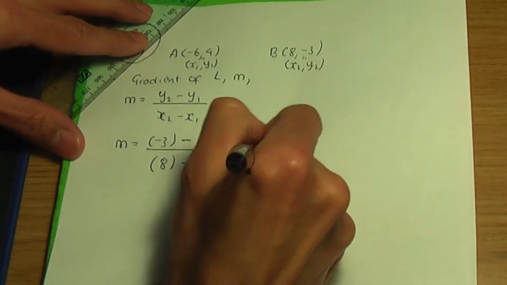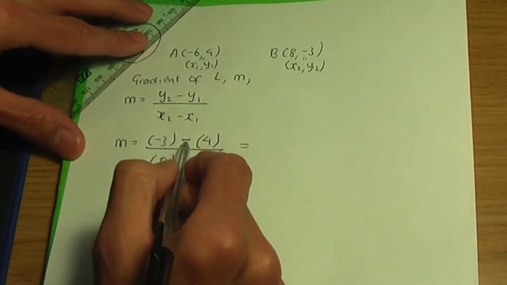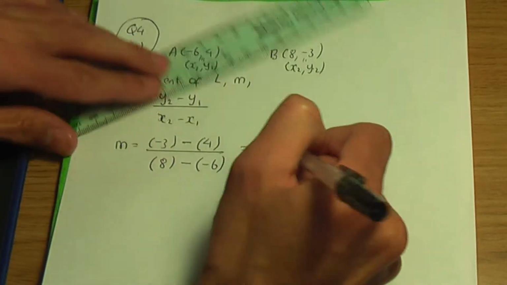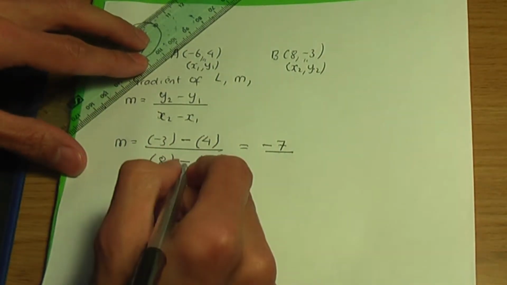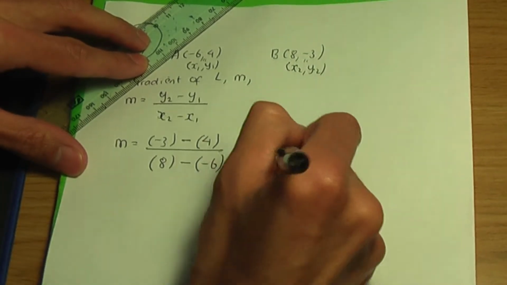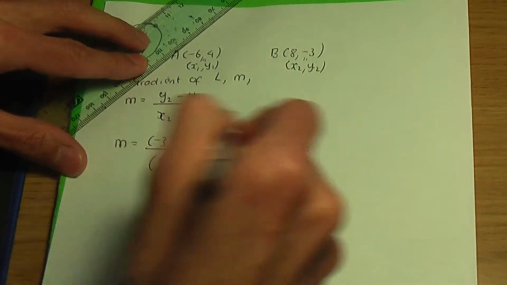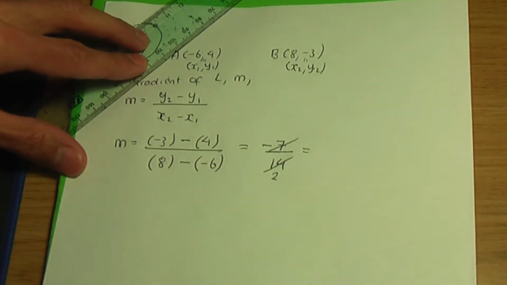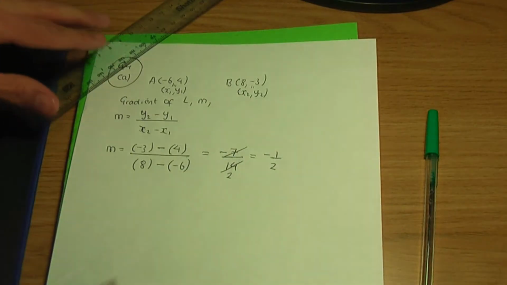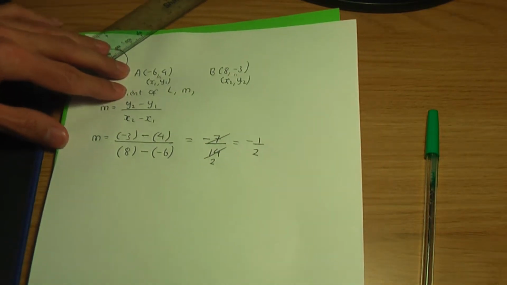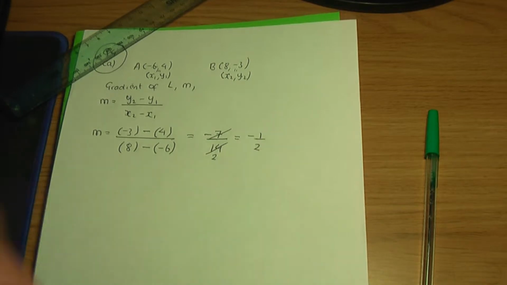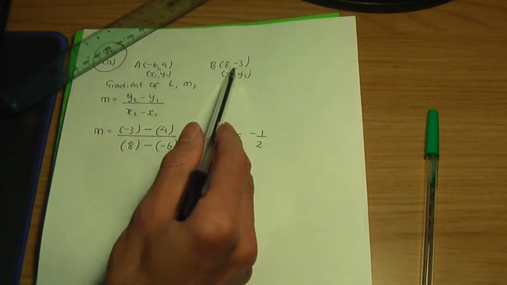If we simplify that, -3 minus 4 is -7 in the numerator, divided by 8 minus -6 is 14, and 7 goes into 14 twice to give us -half. So -half is the gradient of this line L. So we have the gradient -half, and our line passes through A and B.